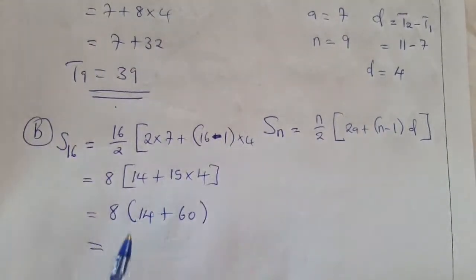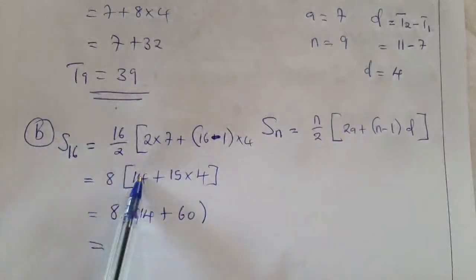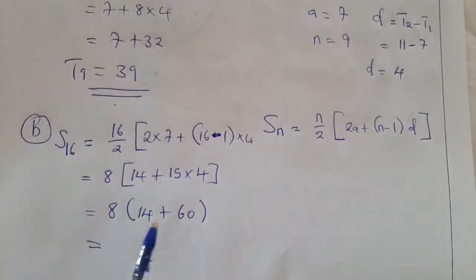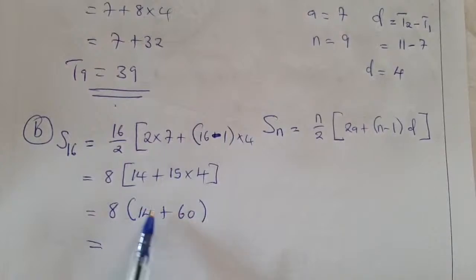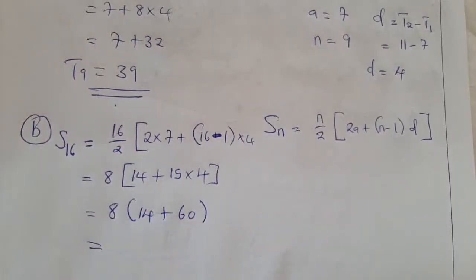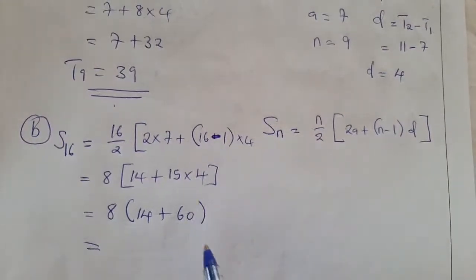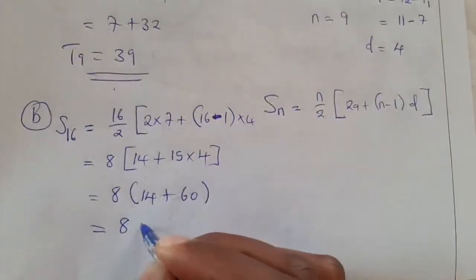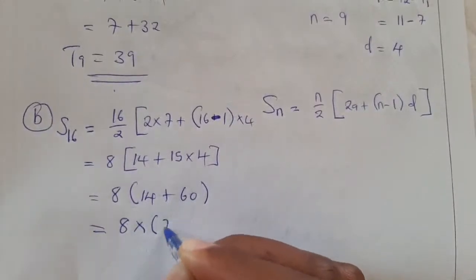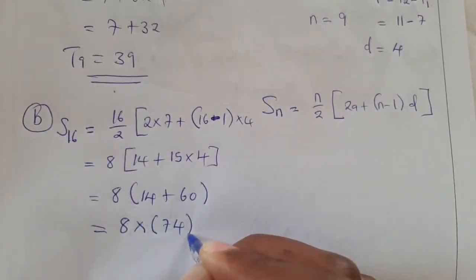You've seen that I've not multiplied 8 and 14. You can't do that until you are done with what is in the brackets, just like BODMAS wants us to do. So 60 plus 14 gives us 74.